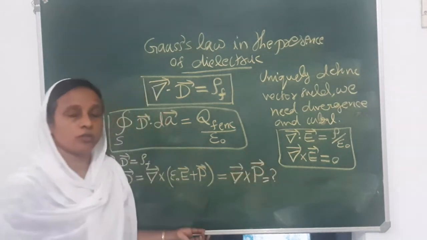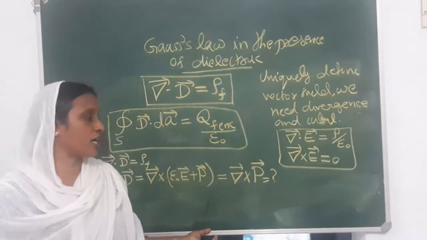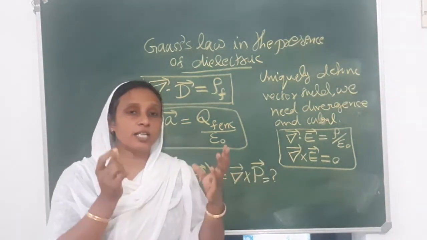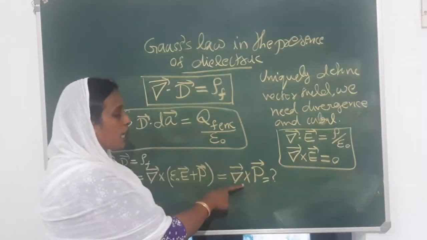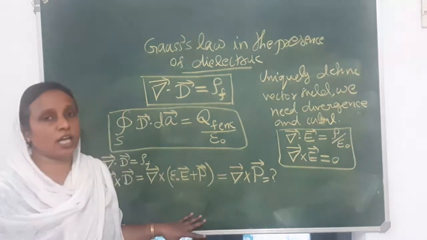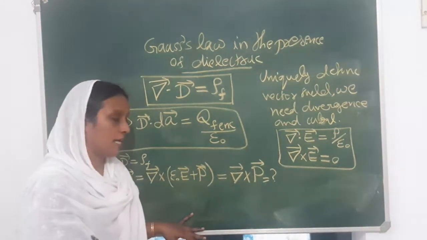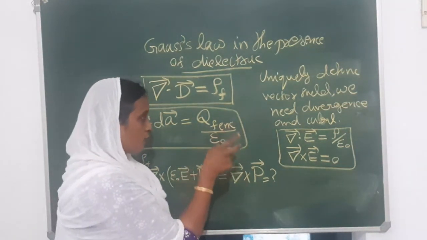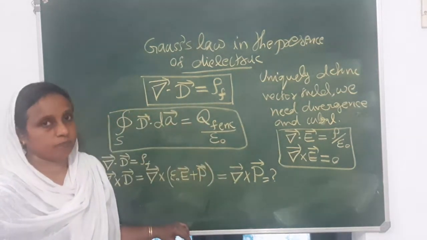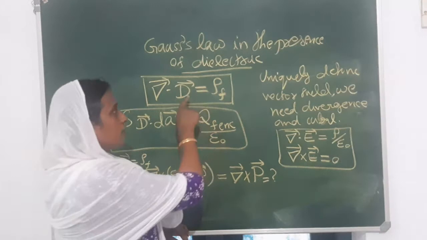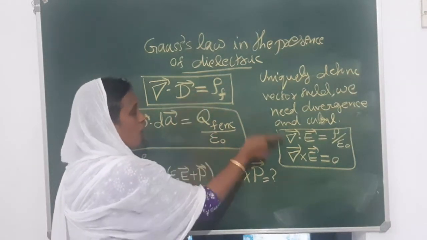It is very difficult to find out the polarization of a material. So del cross P is unknown. In that sense, it is very difficult to fix the electric displacement vector D. So these two are not the same.